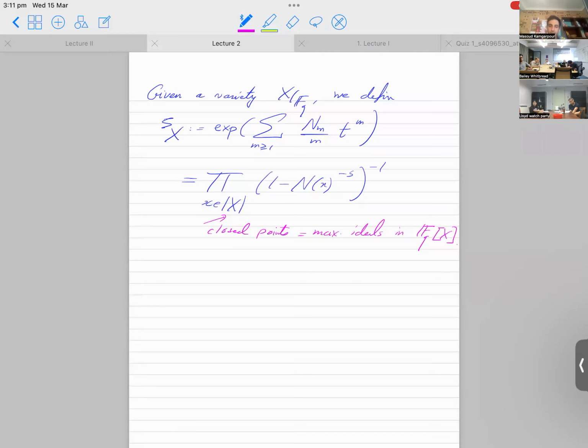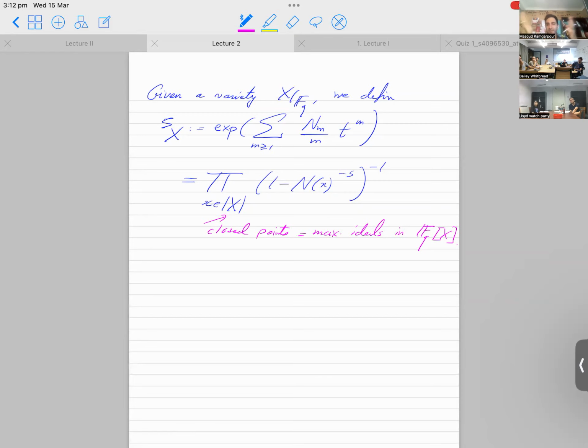Okay. So, in other words, let me recap. We defined the zeta function for curves in analogy with the Riemann zeta function as a sum over 1 over the norm of ideals in the ring of functions on that curve.